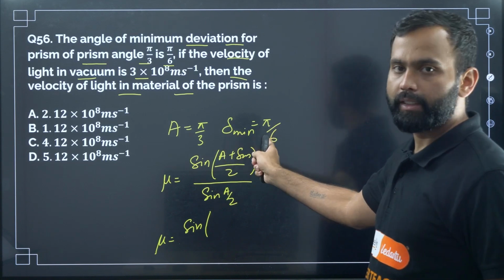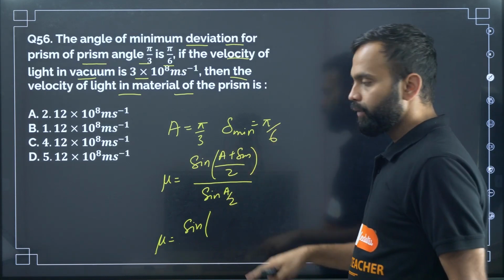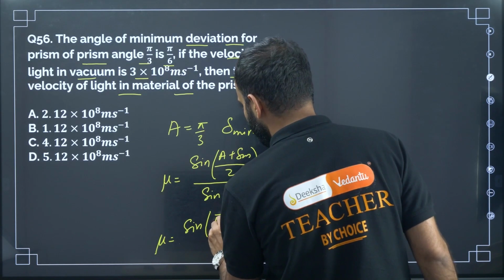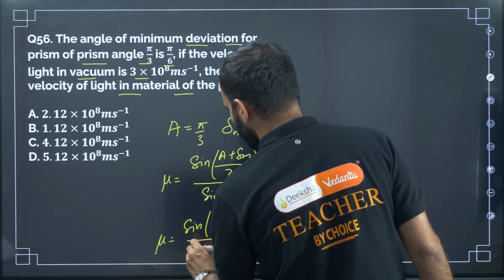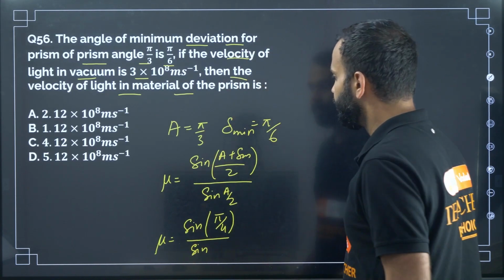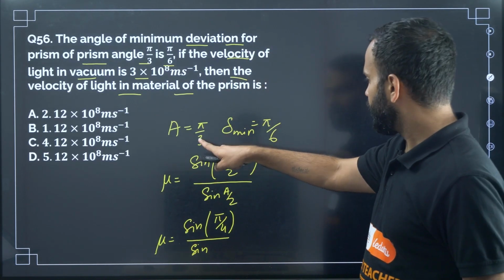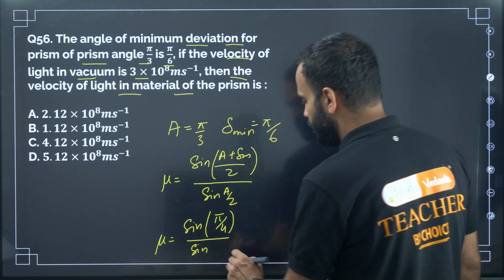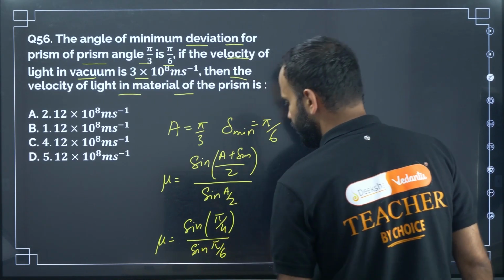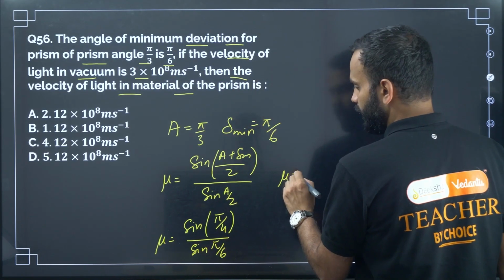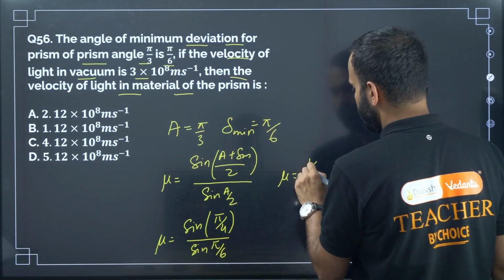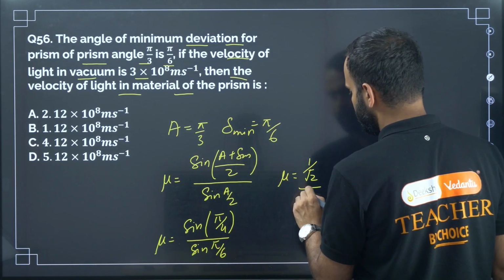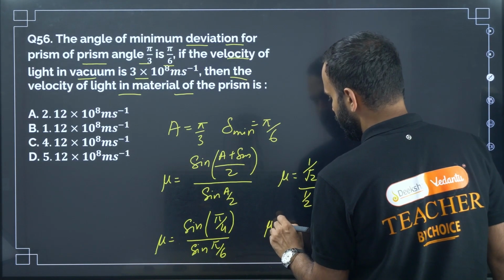So 60 plus 30 is 90, and 90 by 2 is 45. So this is equal to sine pi by 4 divided by sine of, here A is pi by 3, so pi by 3 by 2, that is pi by 6. So now mu is equal to sine pi by 4, which is 1 by root 2, and sine pi by 6 is 1 by 2. So mu equals root 2.